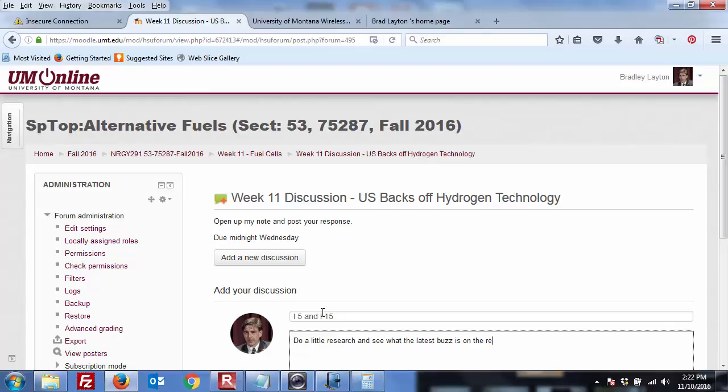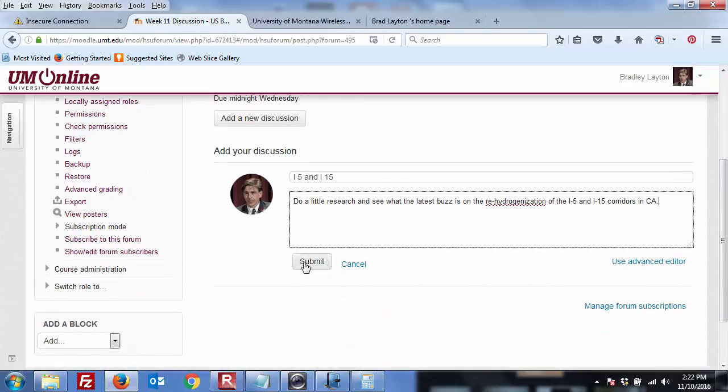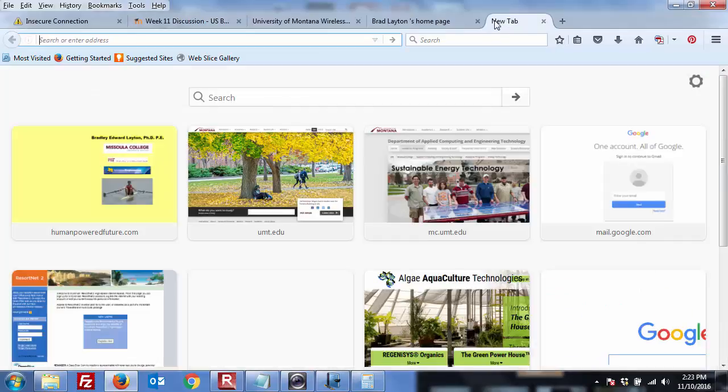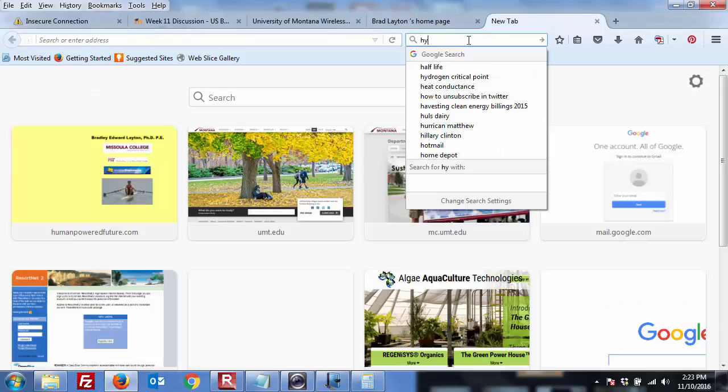Let's say the I-5 and I-15 corridors in California. Submit. Do my own research here, see if I can't find something.